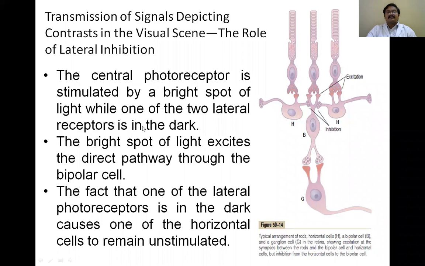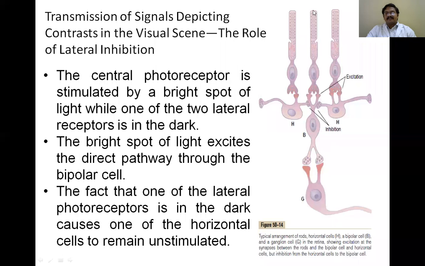The central photoreceptor is stimulated by a bright spot of light, while the lateral receptors are in the dark. The bright spot of light excites directly through the bipolar cells. The lateral photoreceptors present in the dark cause the horizontal cells to be unstimulated.